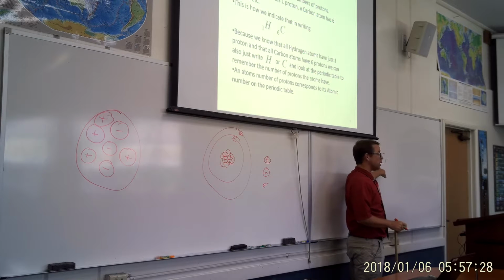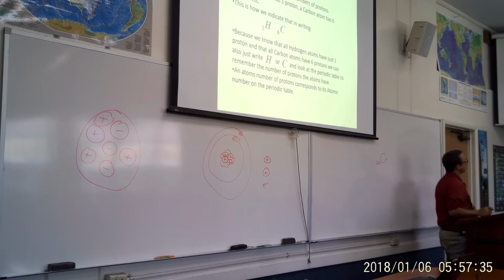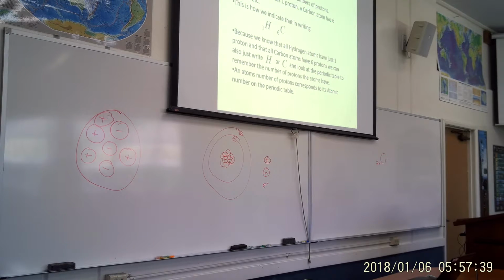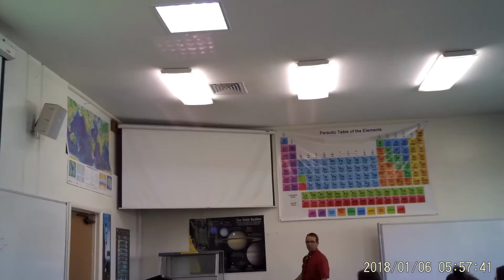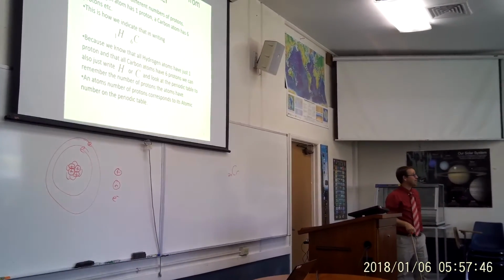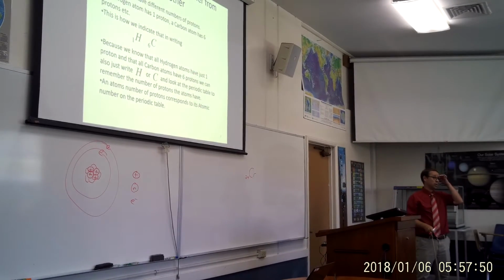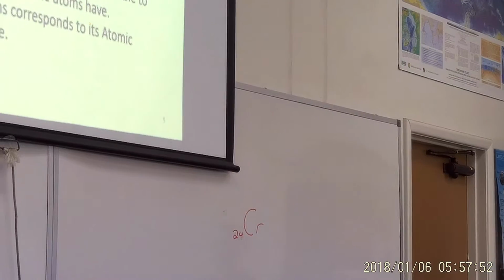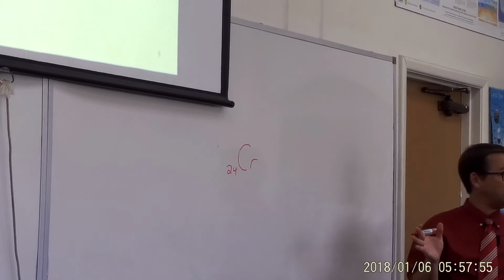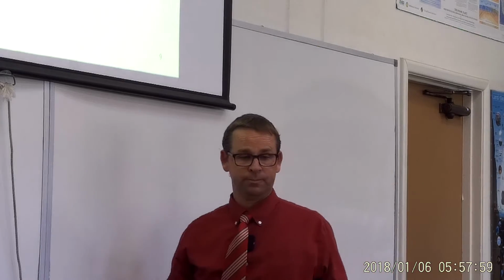So this was a way to tell people that it had 24 protons. But if you have the periodic table up on the wall, for chromium, we can always look up here and know how many protons it has by looking at that number. Right? Okay? How many protons then does neon have? 10, right? Any questions about that? We just find the element and we know how many protons it has.